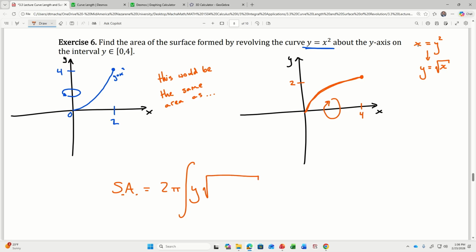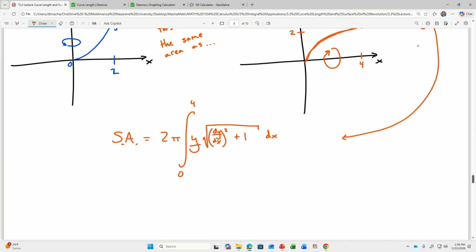And I multiply that by a square root of (dy/dx) squared plus 1, integrated with respect to x. X goes from 0 to 4. By the way, y is equal to square root of x. And so I'm going to use that here to replace that y with square root x.